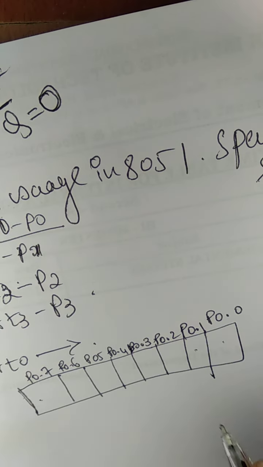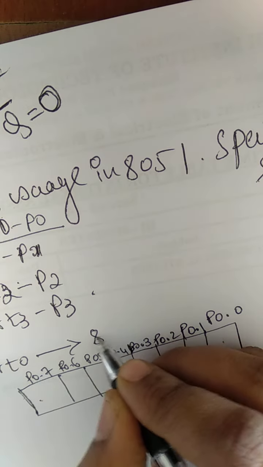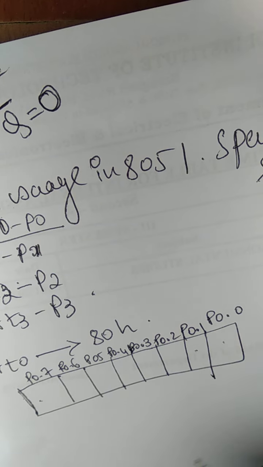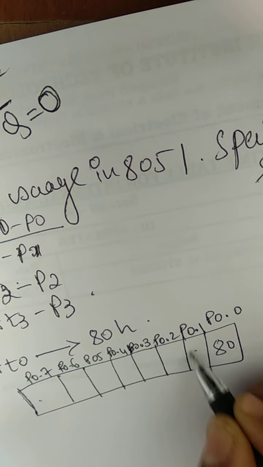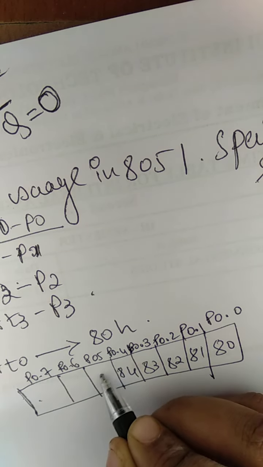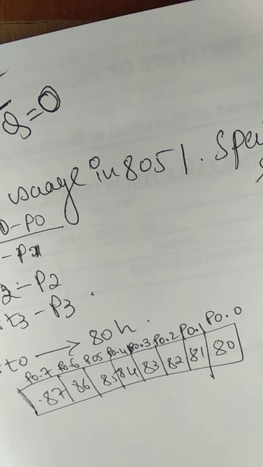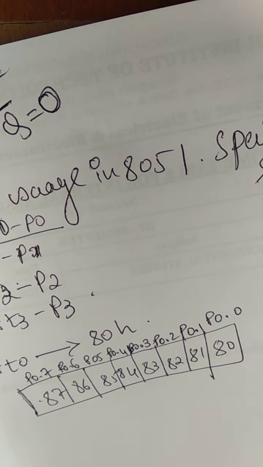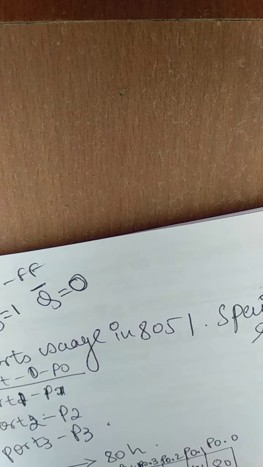These are the pins of port 0. The address for port 0 is 80H, so the addresses are 80, 81, 82, 83, 84, 85, 86 and 87. The port 0 address starts with 80H.